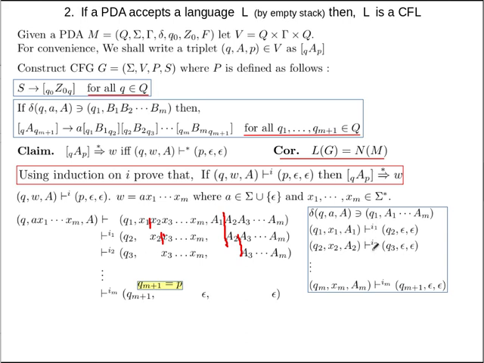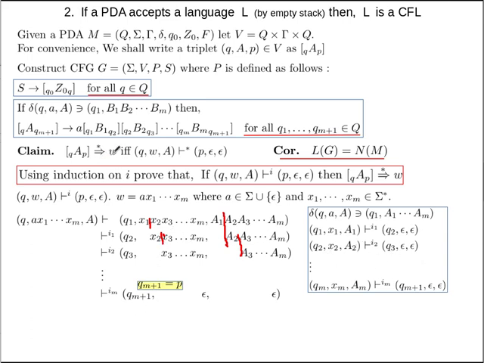So this transition is equivalent to this transition, and this transition is equivalent to this transition. Once we have this form, we have these equivalent statements for all these transitions.